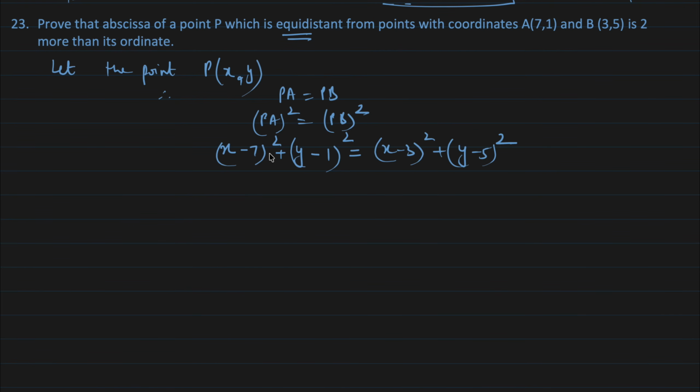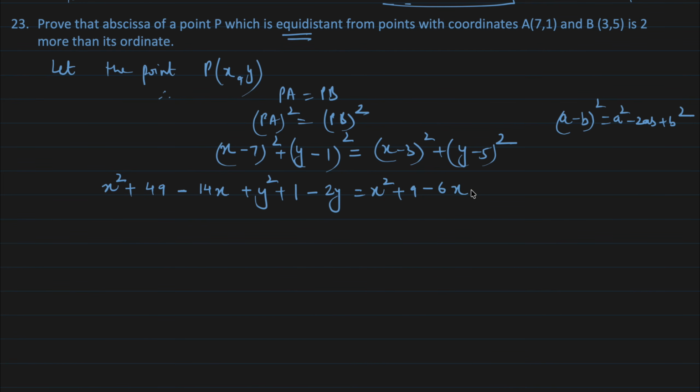Let us simplify this. Open the brackets using identity, a minus b whole square, a square minus 2ab plus b square. Please do it properly, yeah. x square plus 7 square is 49 minus 2 7s are 14x plus y square plus 1 square is 1 minus 2y equals x square plus 9 minus 6x plus y square plus 25 minus 10y, right?